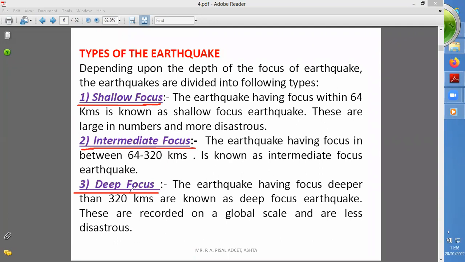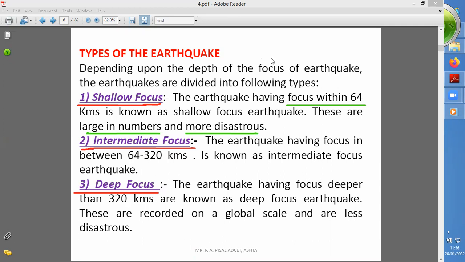Shallow focus means the earthquake having focus within 64 kilometers. These are large in number and more disastrous.